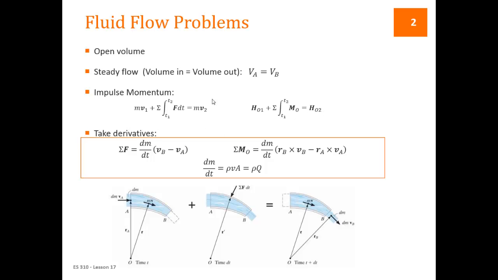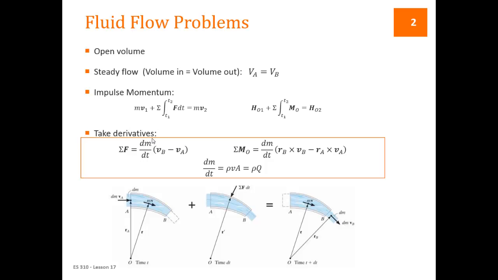Take the derivatives of both of these equations, we end up with these equations in the orange box. The linear momentum gives us that the sum of the forces is equal to the time derivative of the change in momentum. In this case, since VB and VA are steady in that they don't change with time, the only thing that may change with time is the mass.